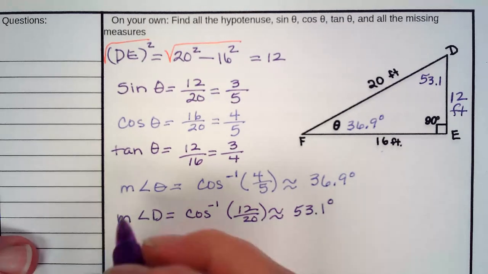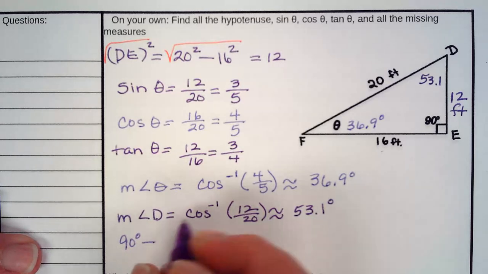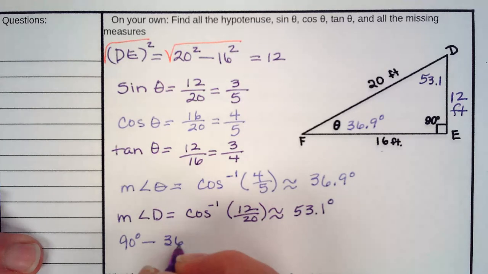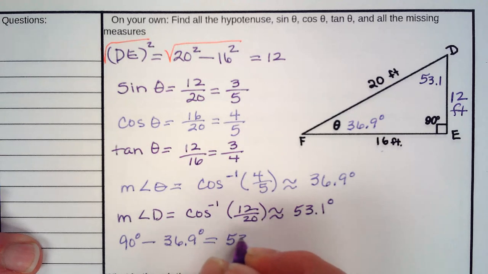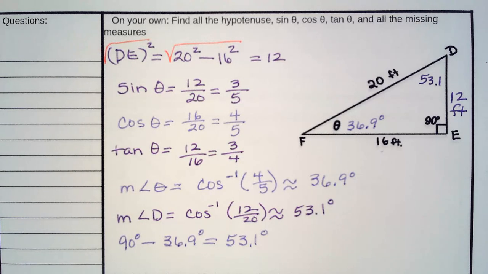I could have done 90 degrees minus 36.9 degrees, and that would have given me 53.1 degrees also. So take a minute and look at it. Go back through and do the problem again if you're still struggling. Even if you repeat the same problem, it will help you.